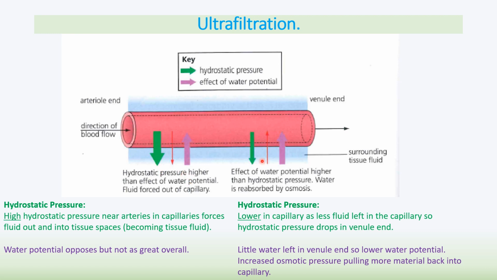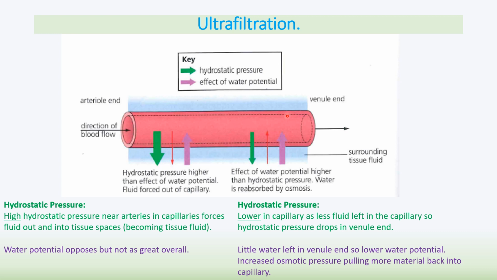However, as you go down away from the artery end of the capillary, the hydrostatic pressure massively decreases. So at this point, there is lower hydrostatic pressure as there is less fluid left in the capillary. So the hydrostatic pressure drops, so little is leaving, but you still have a water potential pulling water back into the capillary.